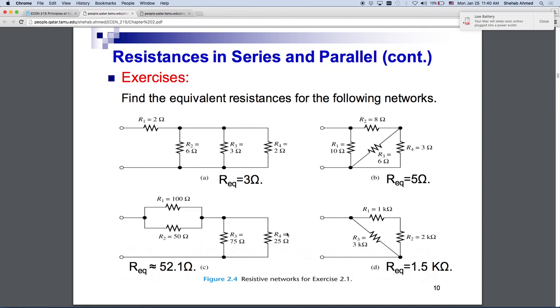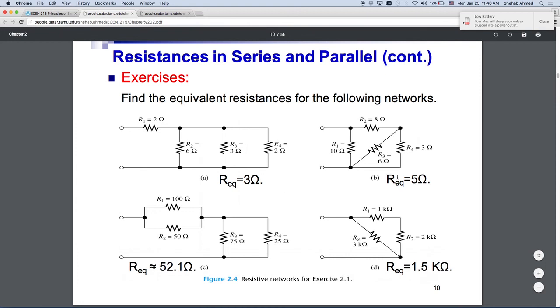So the equivalent of R3 and R4 is 2 ohms. 2 ohms is in series with 8, right? So 2 plus 8 is 10. 10 now is in parallel with R1, so 10 is in parallel with 10. So we said when they're equal to each other, the equivalent is half. So it's 5 ohms. Okay?